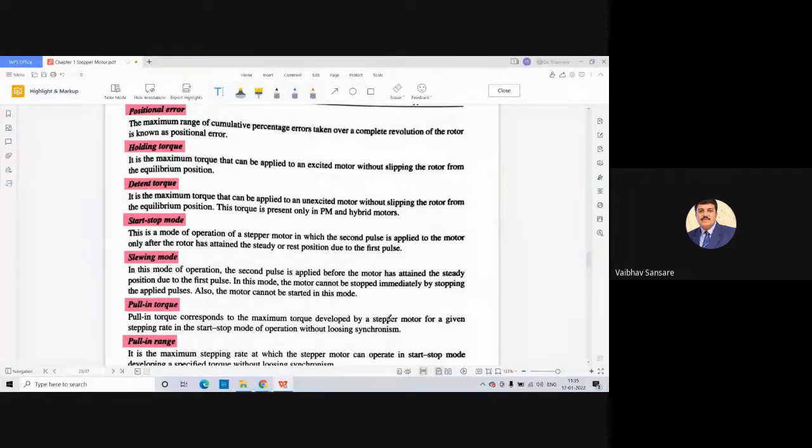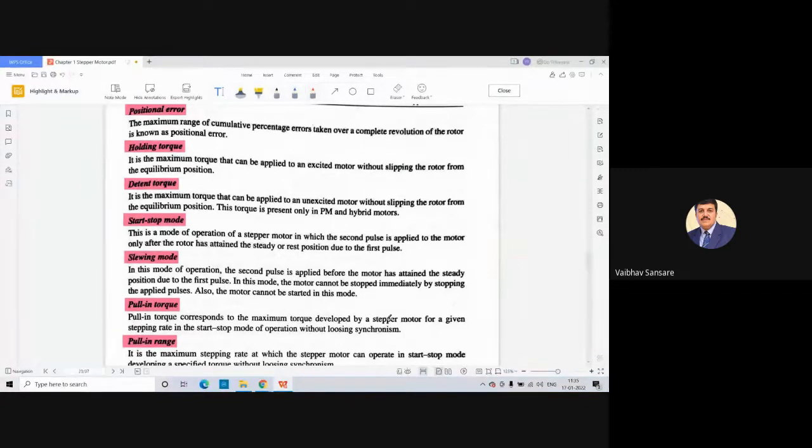Initially, suppose we apply the first pulse to the stepper motor. Due to that first pulse applied to the stator, the motor will rotate in one particular direction with a certain step angle. That step angle depends upon the mode of excitation. Either the motor will rotate with a full step angle or maybe with a half step angle, which depends upon the excitation applied.